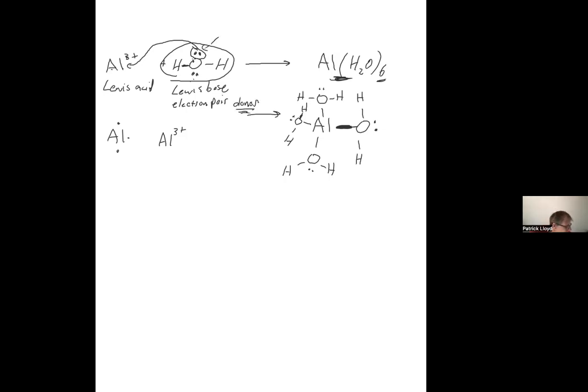Notice the aluminum doesn't have any lone pairs, so that means it's the Lewis acid. It's the electron pair acceptor. So really, the water in red is the Lewis base. Let's take a look at the second one.